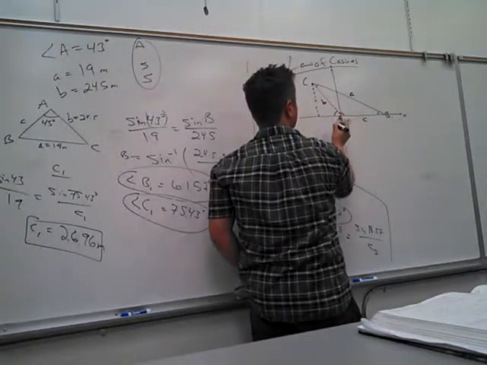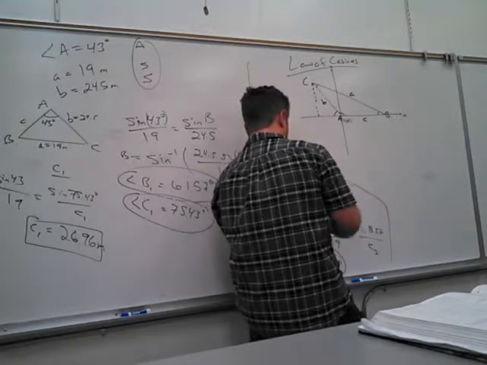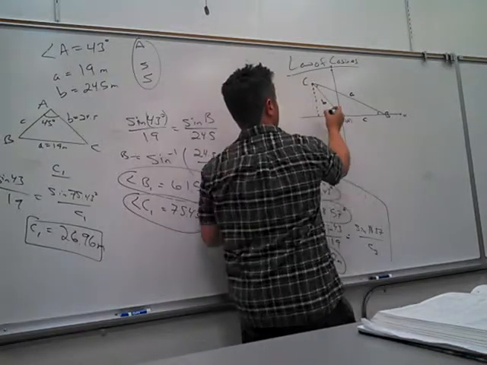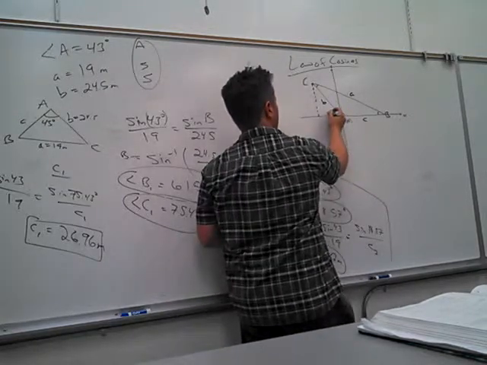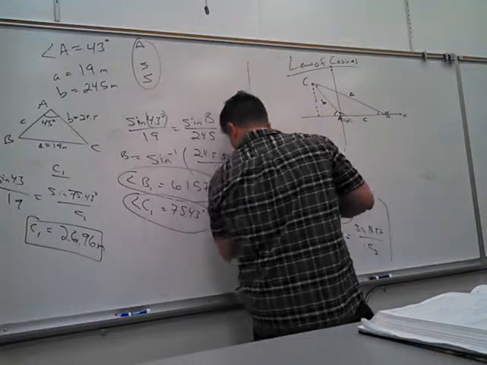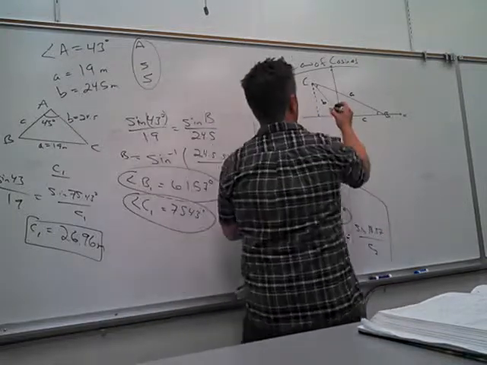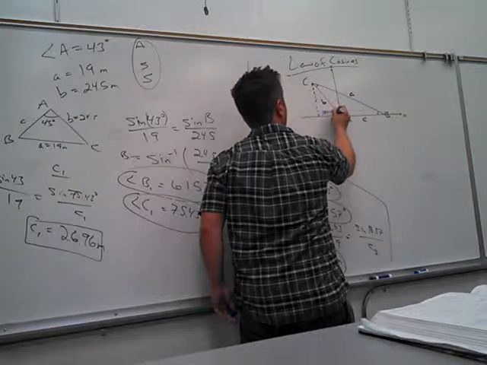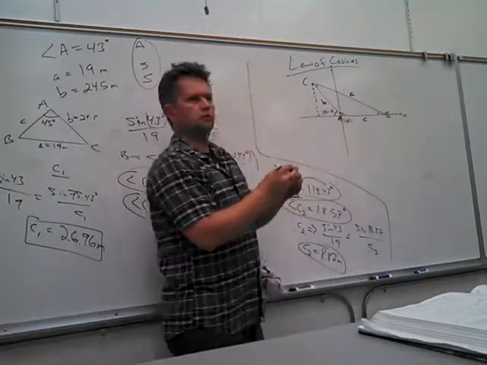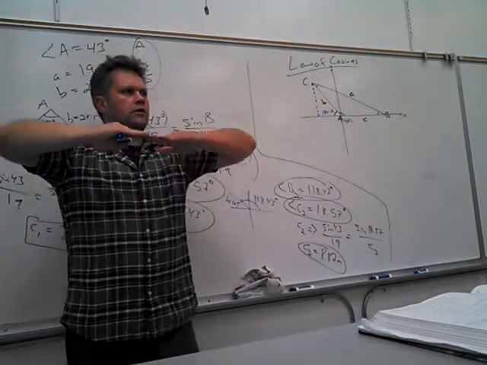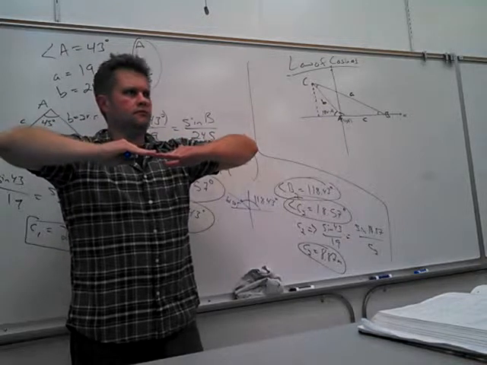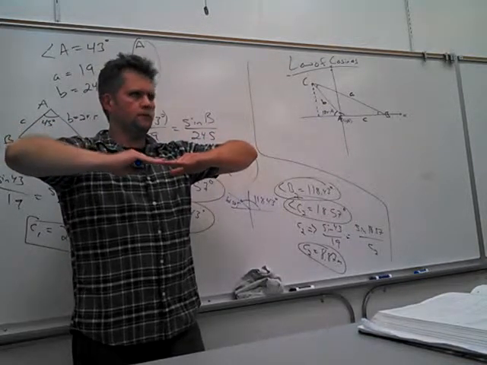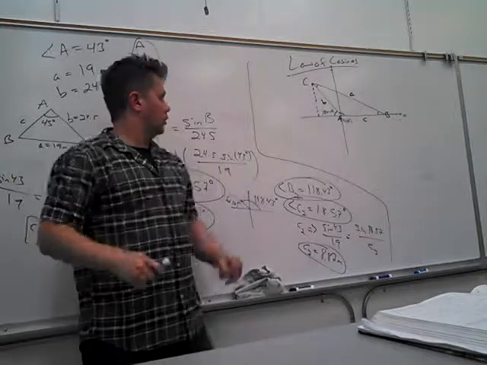This angle here, what would that angle there be? Yeah, that would be 180 minus A. Is that cool? Because the whole thing makes 180 degrees. Right? So sort of, maybe, not really. Okay.